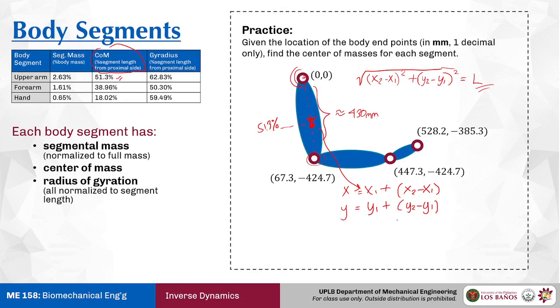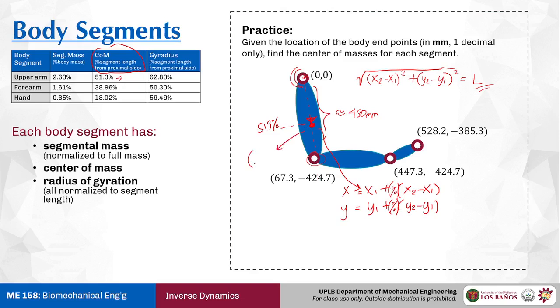This is kind of irrelevant right now because if you simplify this, you'll just get x2 and y2. But if you're getting the center of mass, you can just write in the percentage, the percent COM. If you multiply that, you should get the following values.